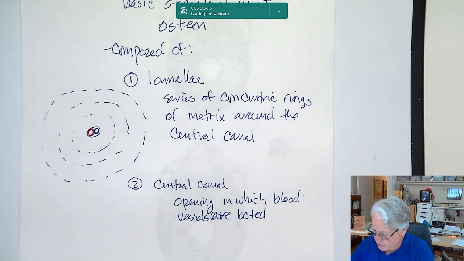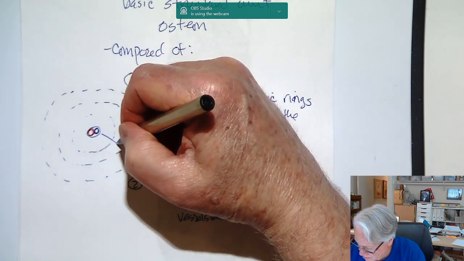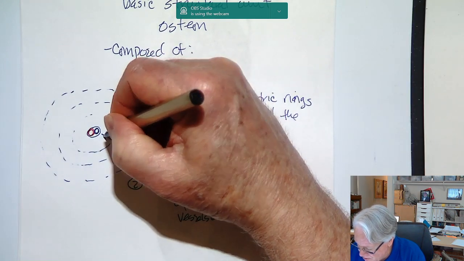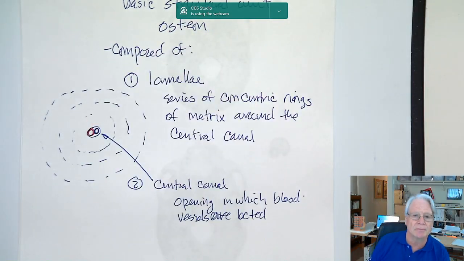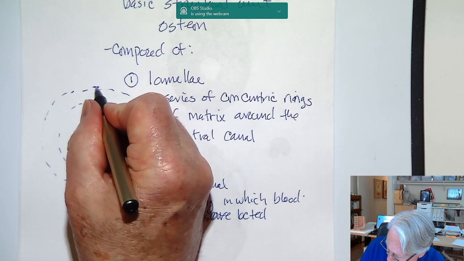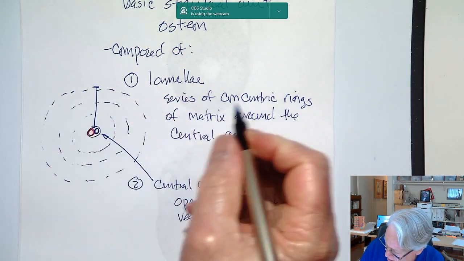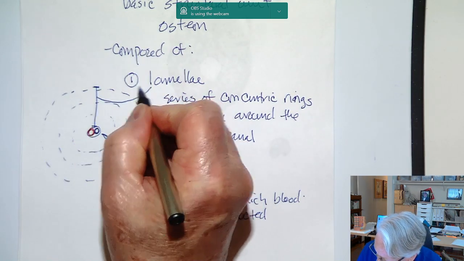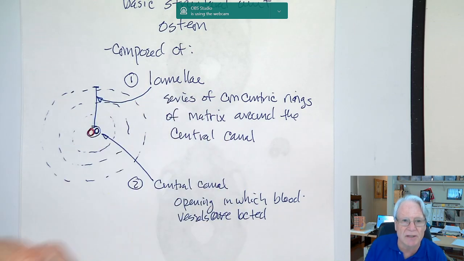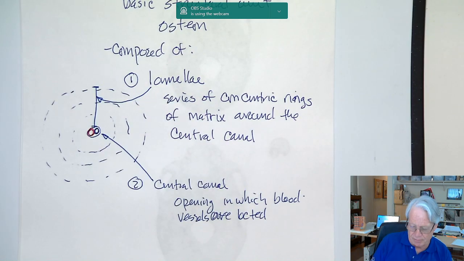I don't have a black pen. That's okay. So that's my central canal. And the lamellae are that series of concentric circles.